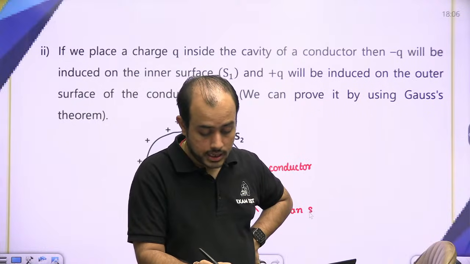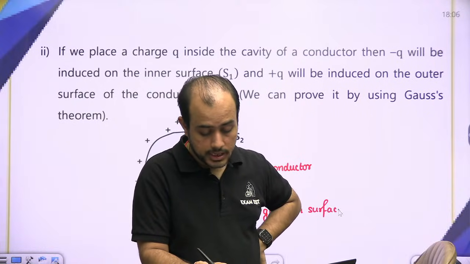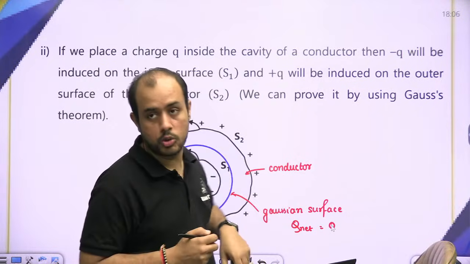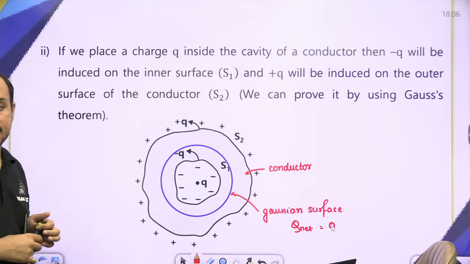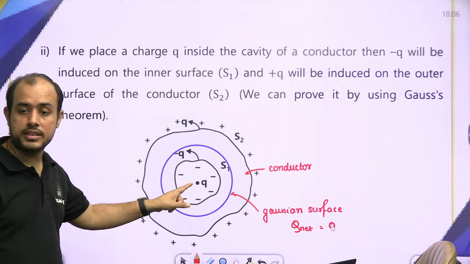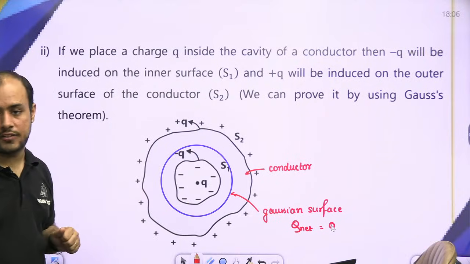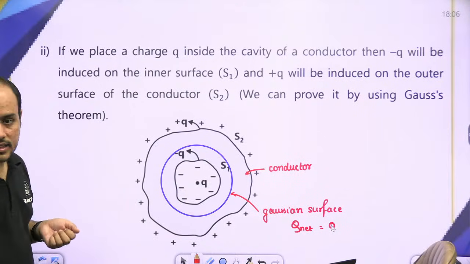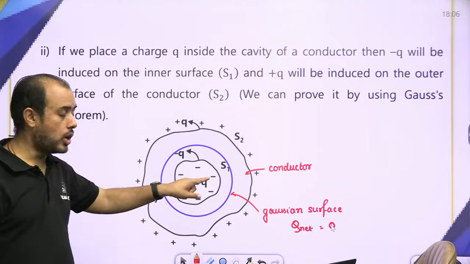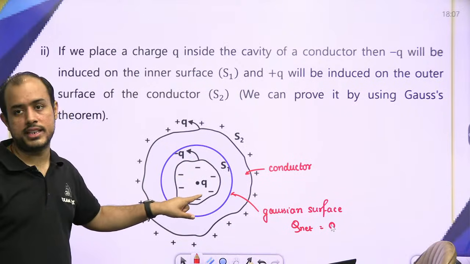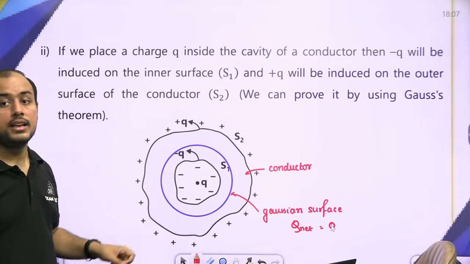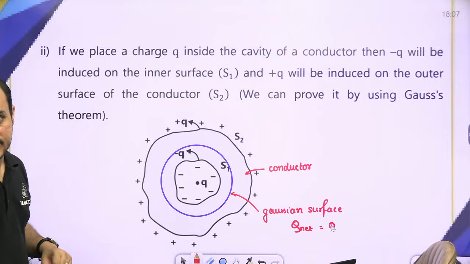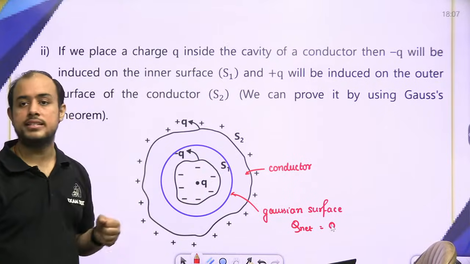ये जो मैं स्फीयर बना रहा हूं, ये गॉसियन सरफेस है, इसके अंदर नेट चार्ज जीरो कर दिया. तो what we are saying is, due to this positive charge there should be electric field, but inside a conductor the electric field must be zero, so a negative equal and opposite charge is getting induced, because of which net charge inside Gaussian surface is zero, so that electric field is zero.